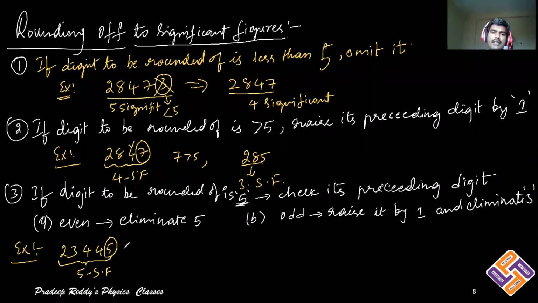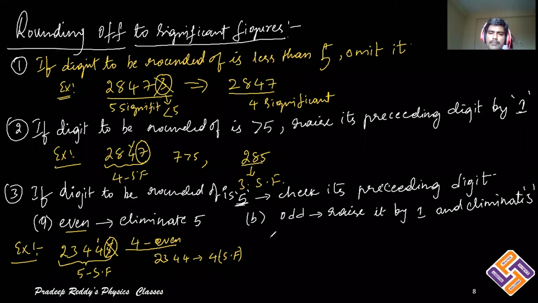It is exactly 5. So what do you need to do? Check its preceding digit. What is the preceding digit? 4. And 4 is even. So if it is even, what did I tell? Eliminate 5. As 4 is even, you will just eliminate this 5 and write it as 2, 3, 4, 4.